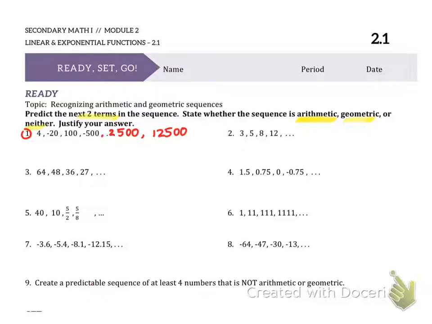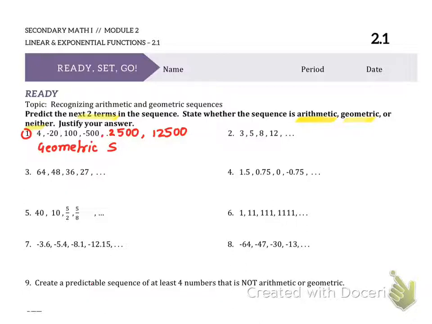We see that the values are increasing in magnitude, so it is a geometric sequence. And we also need to show the constant ratio or constant common difference.